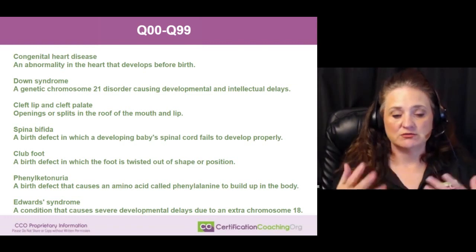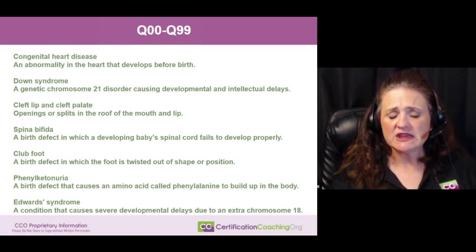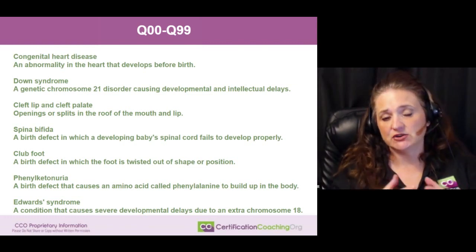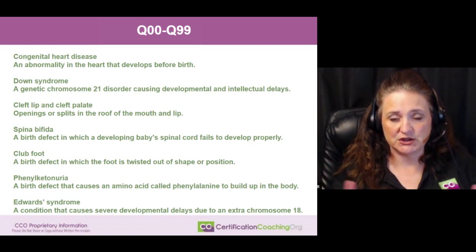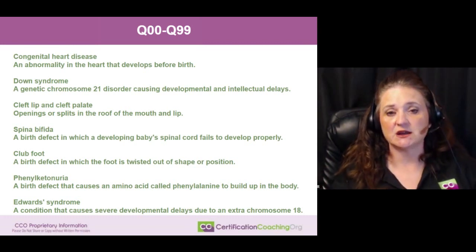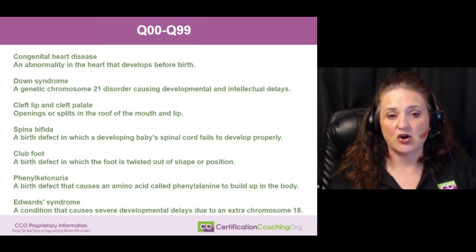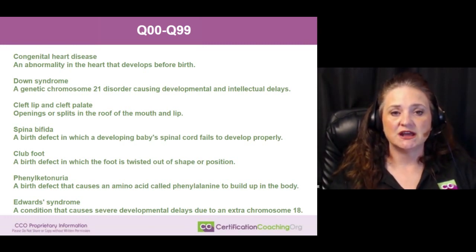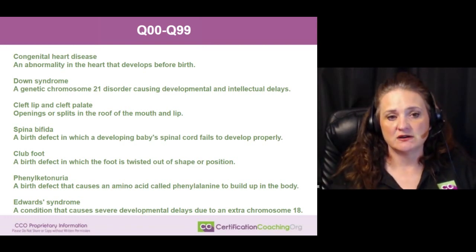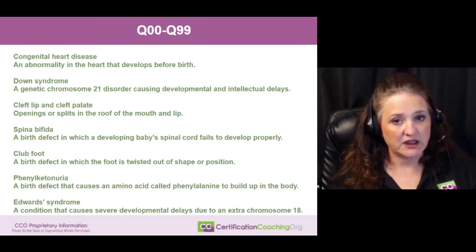When you're doing charts, especially if you're doing auditing and you're looking at more than a year's worth of documentation at a time, you'll see these things pop up more often, heart conditions, and some of them are congenital. So any abnormality of the heart, and Down syndrome, actually very, very common.